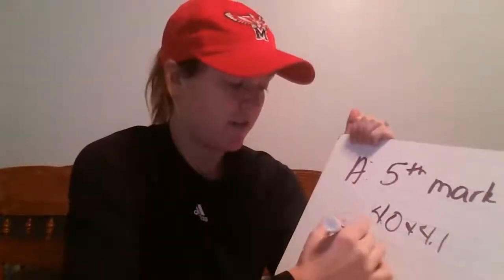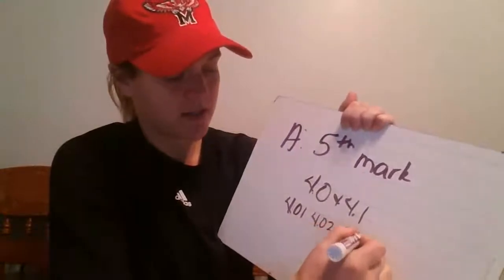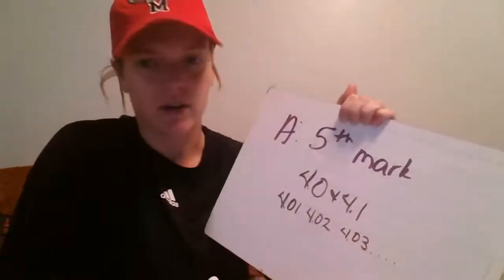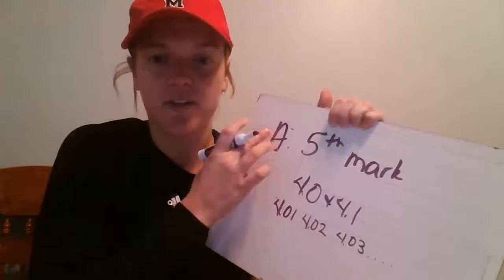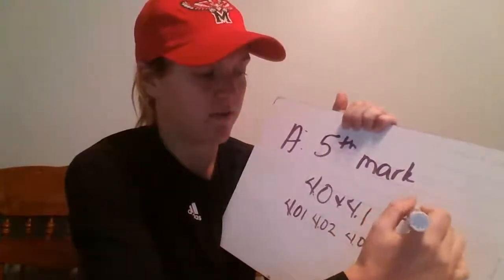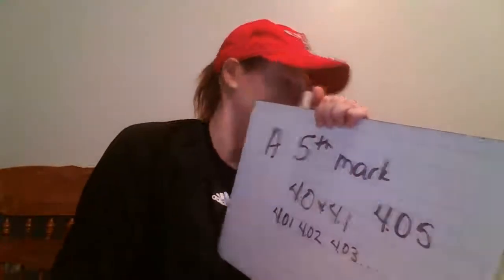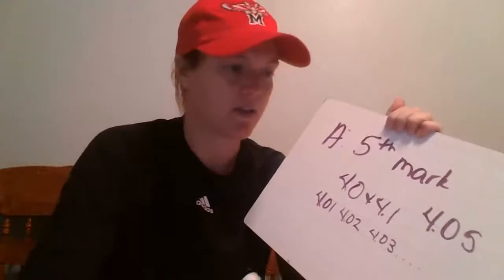So we add 4.01, 4.02, 4.03, and so on. A fell on the 5th tick mark, so if we continue counting, we fall onto 4.05. And it doesn't tell us anything else.